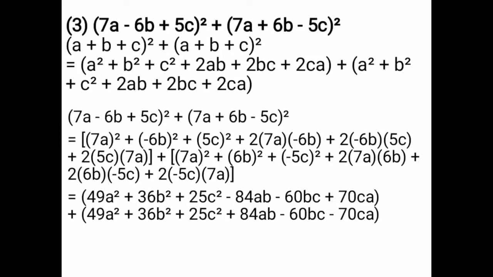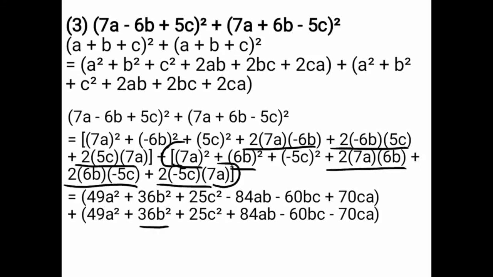And for the second bracket, how did we get the answer here? By multiplying this, we solve from here to here. Square of 7a is 49a square. Plus square of 6b is 36b square. Plus square of minus 5c is plus 25c square, because the square of minus 5c is minus 5c into minus 5c, and minus into minus becomes plus.